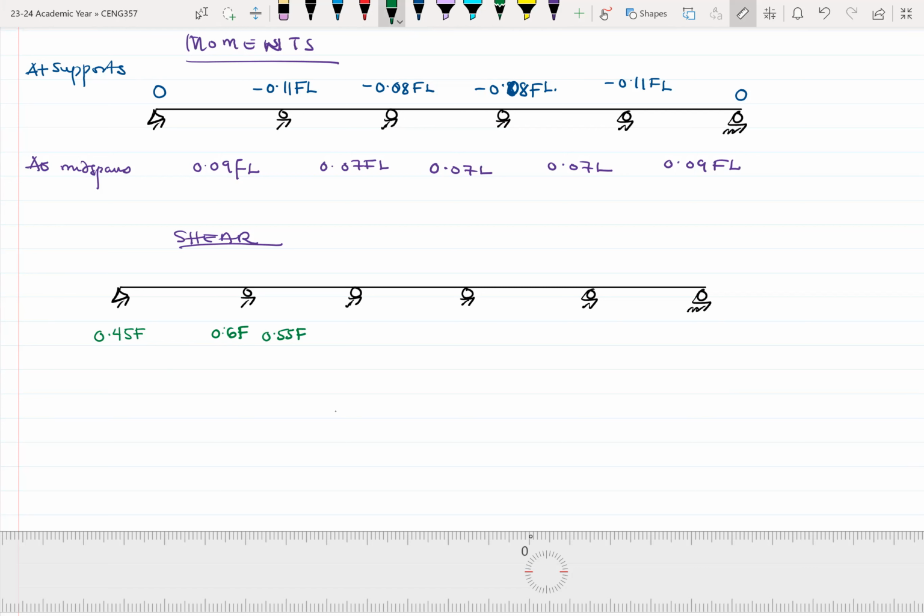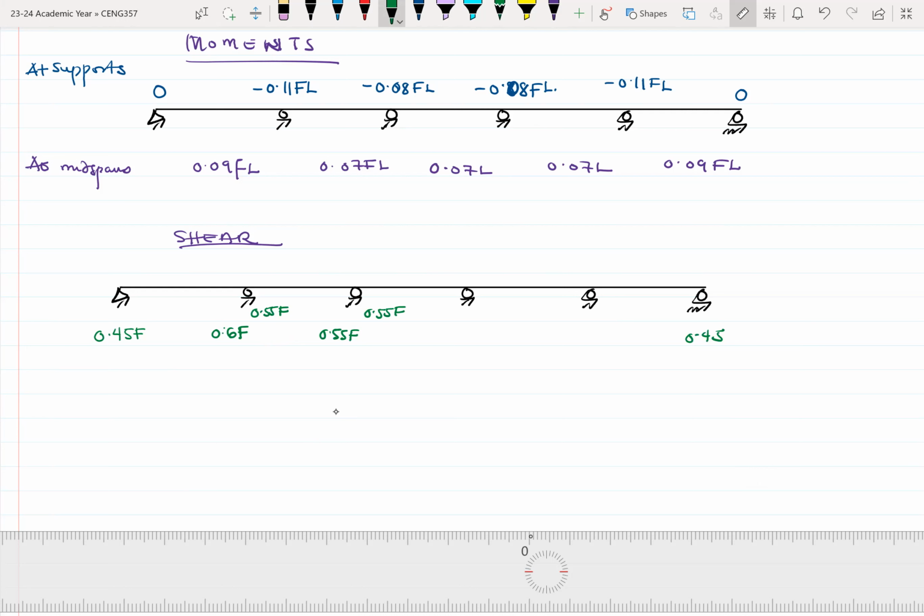So here, this one is going to be 0.55. Hopefully I don't run out. Okay, let me do it this way. One should be top, one should be up. 0.55 F. Then here's 0.55 F. 0.55 F. So the same thing here is 0.45.